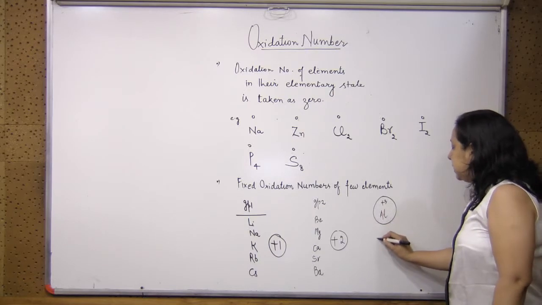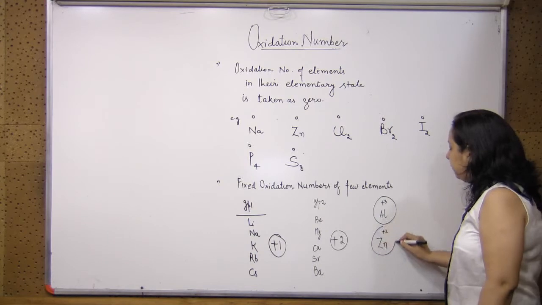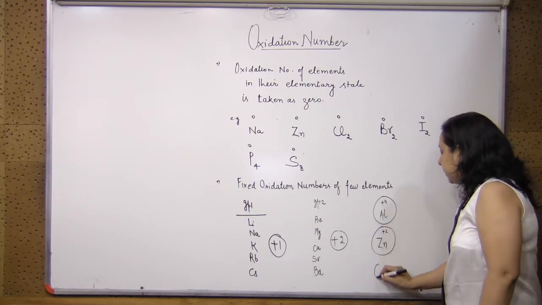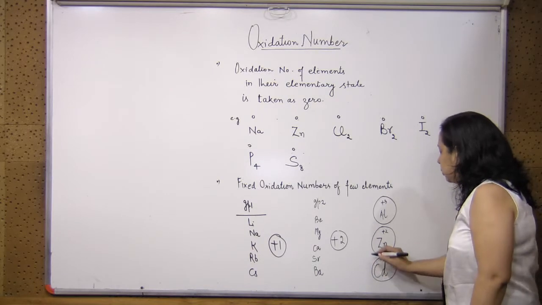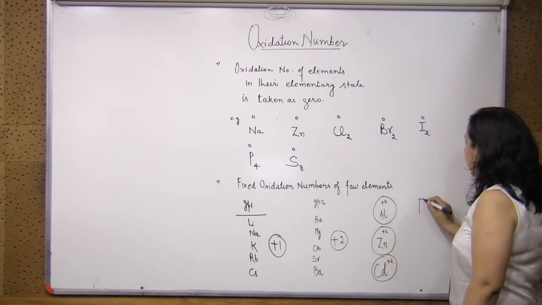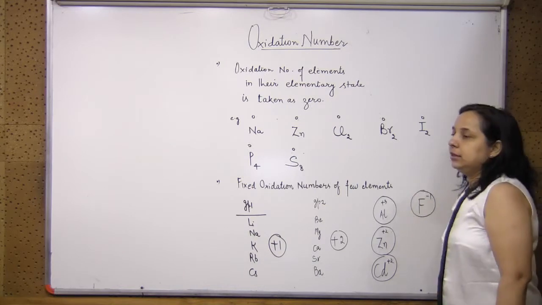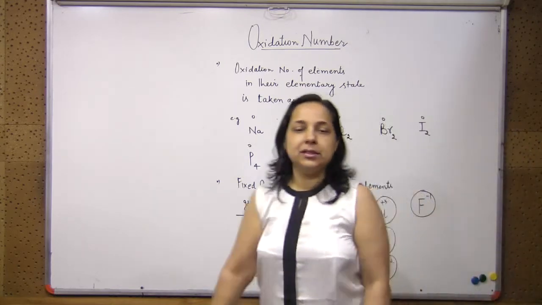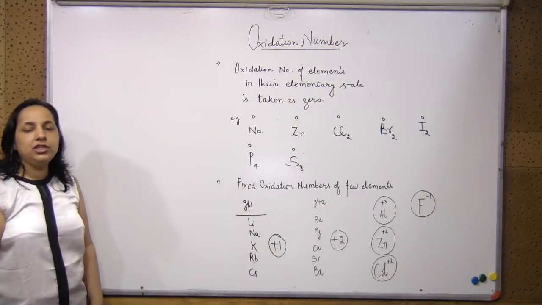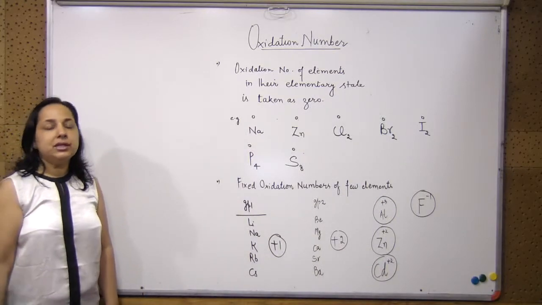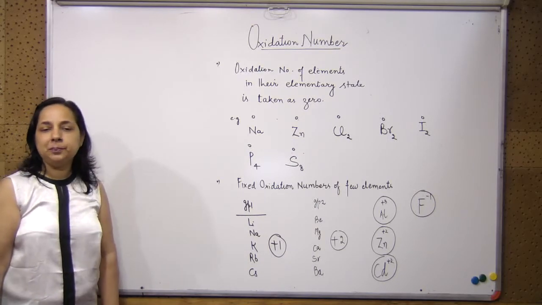If it is written zinc, fixed oxidation state of +2. Cadmium +2 and fluorine -1. These are important elements. Those are going to have a fixed oxidation number, no change in any of their compounds. Thus we can say these elements we must remember, we must learn.